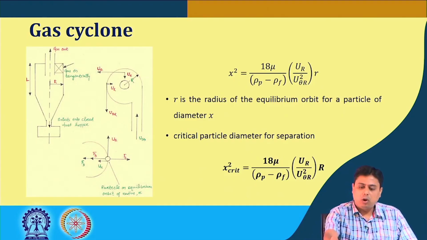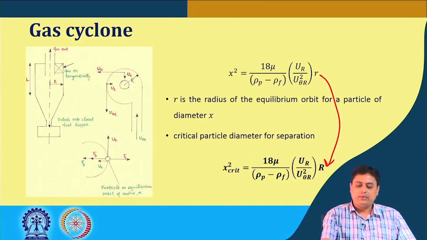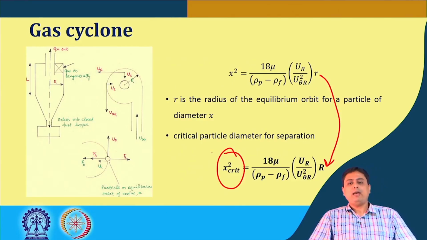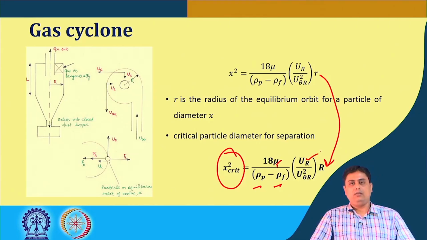So replacing that small r with the capital R, we can find the critical diameter of the particle that can be captured, and that comes in terms of particle density, fluid density, fluid viscosity, the particle radial velocity and tangential velocity near the surface, or say near the wall.